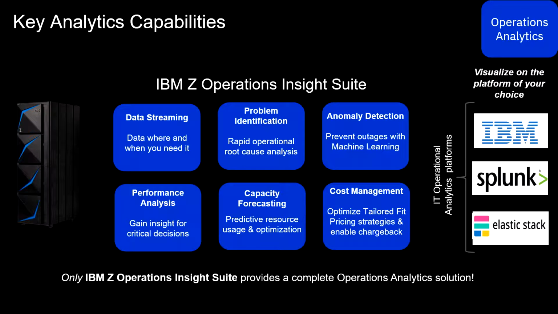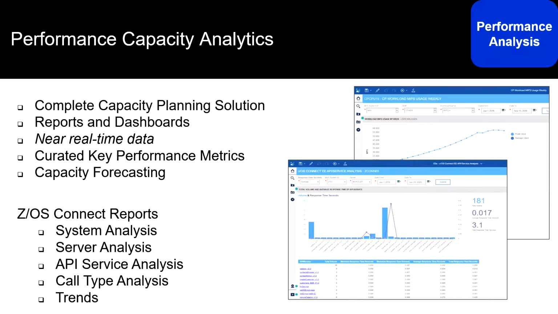The bottom three blue blocks represent capabilities found in IBM Z Performance Capacity Analytics. IZPCA is a traditional performance and capacity reporter harvesting SMF records for use in numerous system and application reports. IBM Z Performance Capacity Analytics is a complete capacity planning solution.